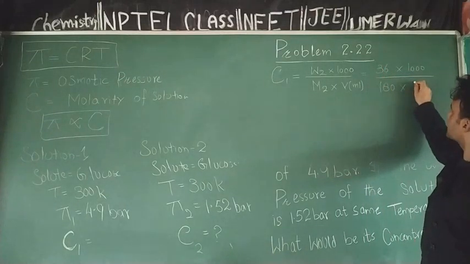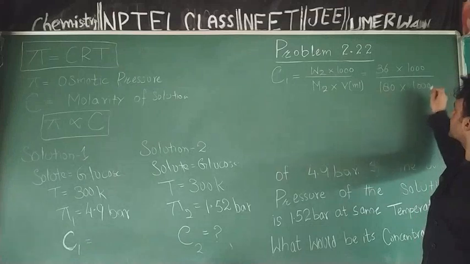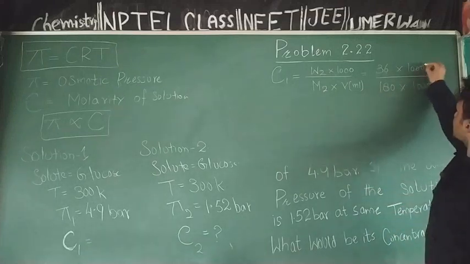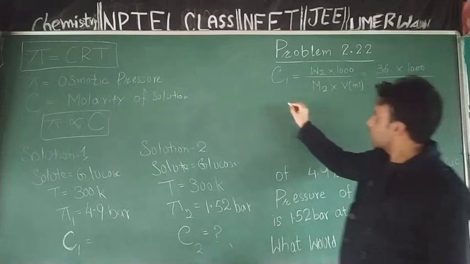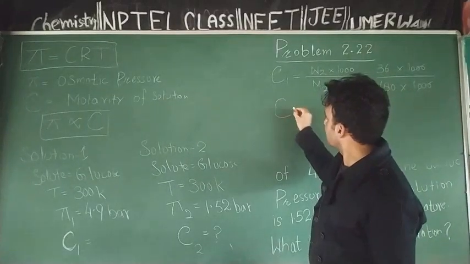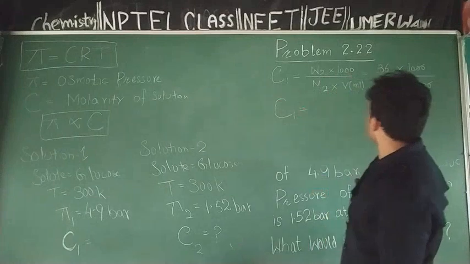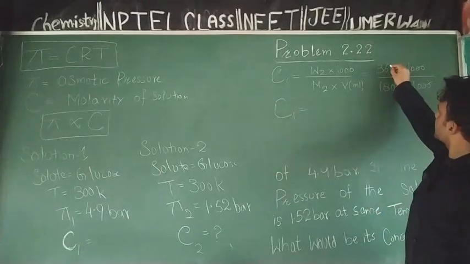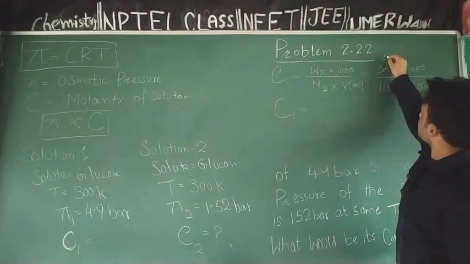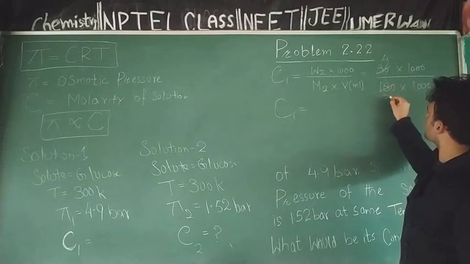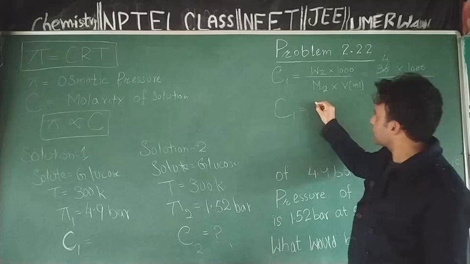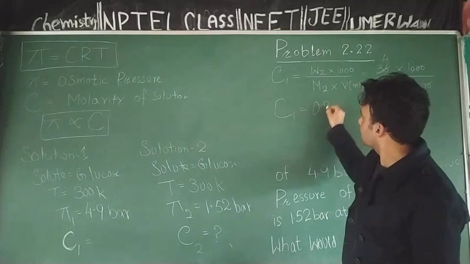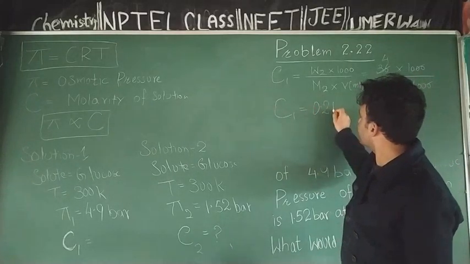Volume in ml is 1 liter, that is 1000 ml. 1000 and 1000 will get cancelled. 5 4s are 20, so it will come 1 by 5, that is 0.2. Concentration C1 will come 0.2 molar.